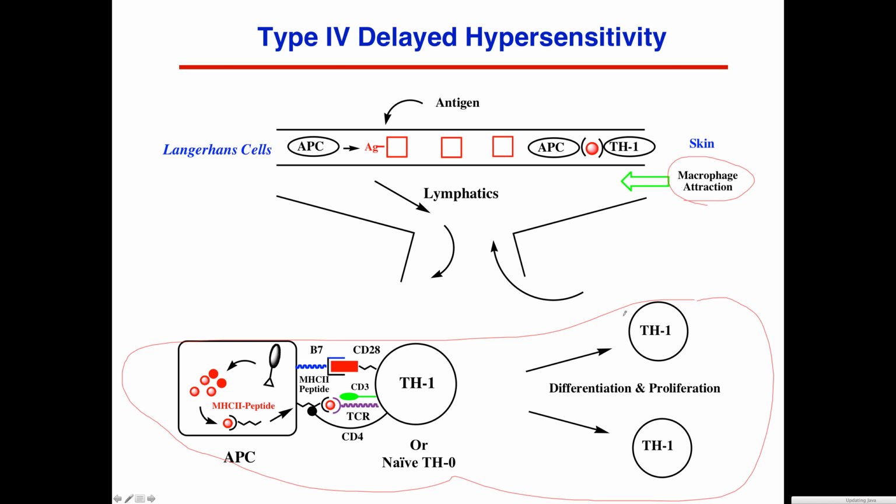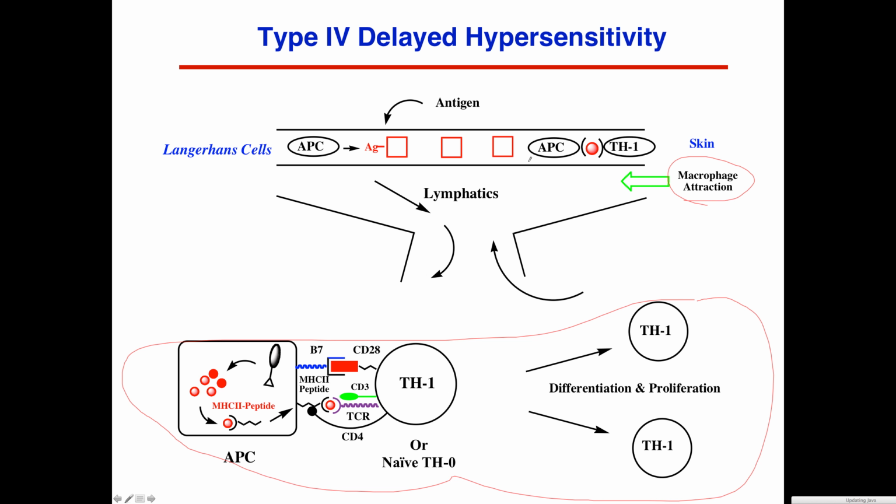And so that's why it's called delayed hypersensitivity, because this part here, the part that involves the activation of the Th1 cells, takes some time to do. And it takes a quantity of the allergen to actually do it. But once it's started and once you make these Th1 cells, they're pretty much there for life. So the next time you get in contact with this allergen, you will get a much quicker response.